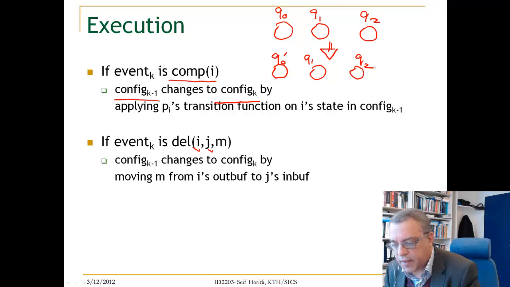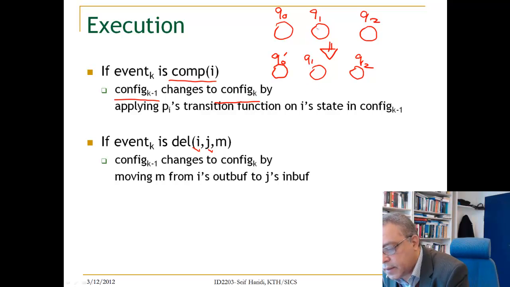Whereas if it's a delivery event, say from node 1 to node 2, it will transform the state of the involved nodes by changing the output buffer of node 1 and modifying the input buffer of node 2.